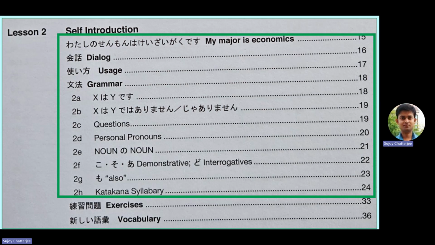We did the conversation, my major is economics, the dialogue usage, and the grammar involved in that conversation, from 2A through 2H: use of wa and desu, use of arimasen, how to ask questions, personal pronouns, the no particle, the demonstratives ko, so, and a, the do interrogatives, the particle mo, and then all the details about katakana and how to convert foreign words into Japanese using the katakana script.